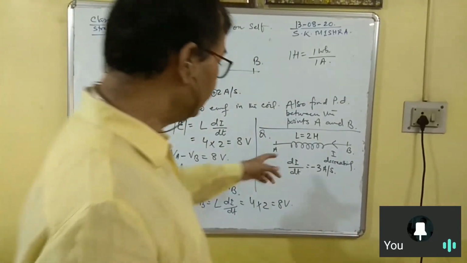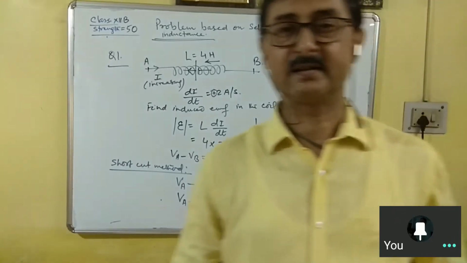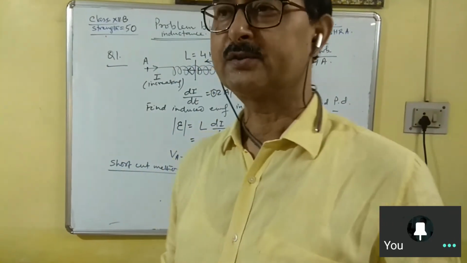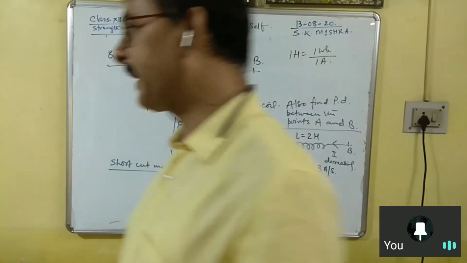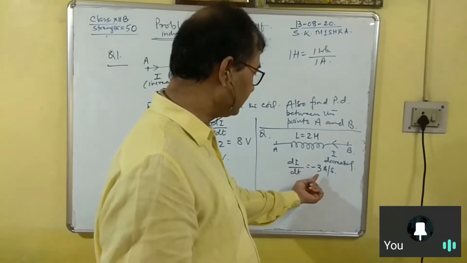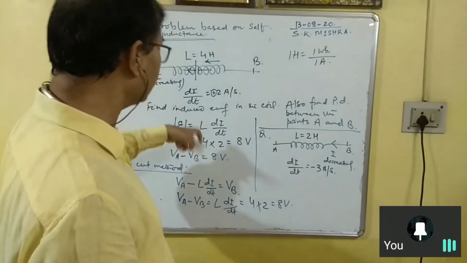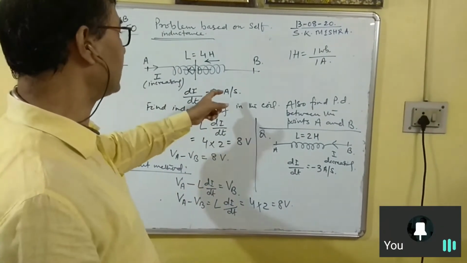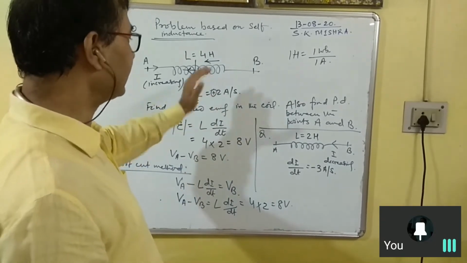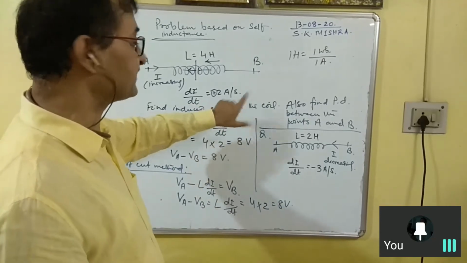If di by dt is given as minus, it means the current is decreasing. So at the time of break of the circuit, the current is decreasing at a rate of 3 ampere per second, but at the time of make of the circuit, when the switch is closed and the battery is connected, the current will be growing.